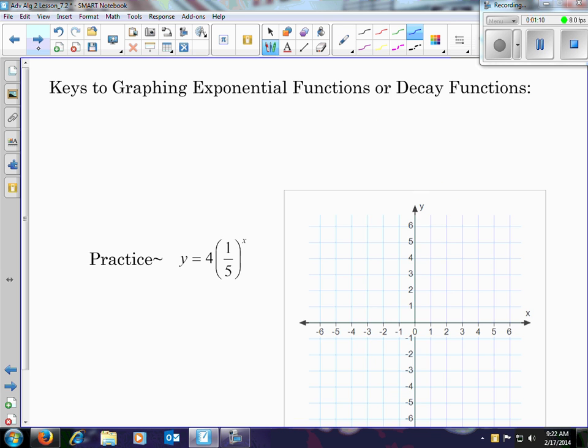Okay, things that we need to remember when graphing exponential or decay functions. This is going to be the same thing as before, 100%. We are going to plot 2 points.